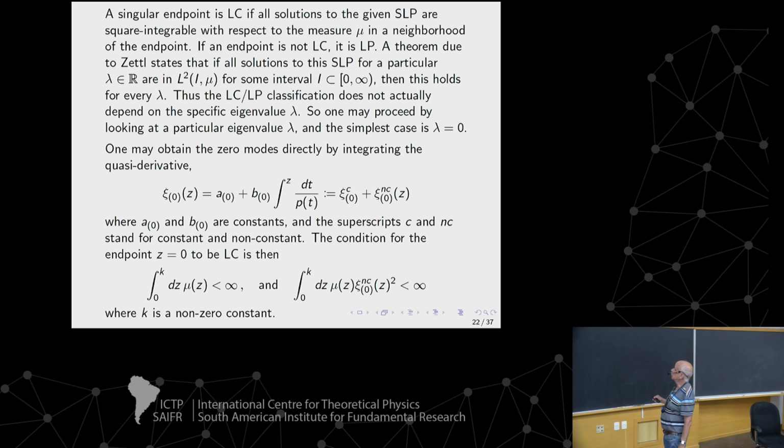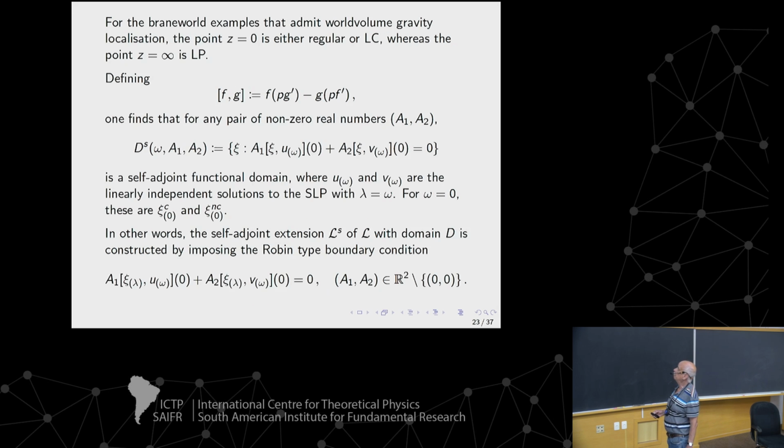endpoint to be limit circle then is that both of these conditions have to hold, where for some non-constant k you limit the integration only up to k, don't go all the way up to infinity. So this is a condition around 0, and similarly at infinity. If you can't get both of these to converge, then it'll be limit point.